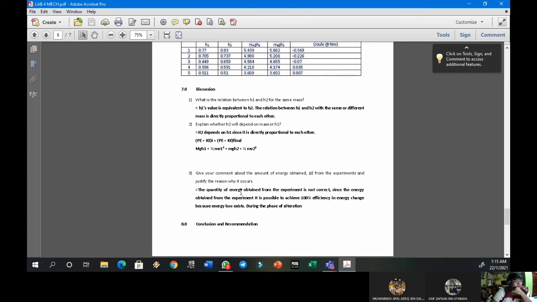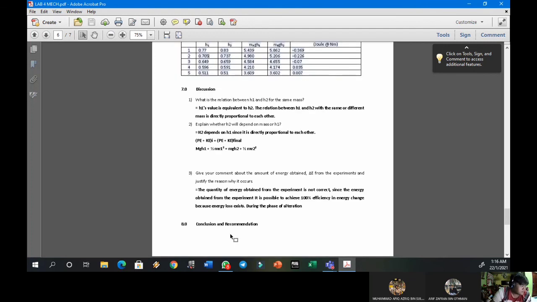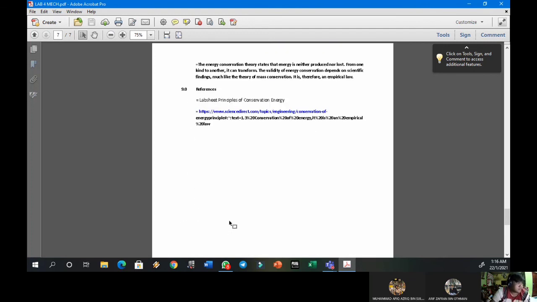The quantity of energy obtained from the experiment is not correct. Since the energy obtained from the experiment, it is not possible to achieve 100% efficiency in energy change because energy loss does exist during the phase of acceleration. Conclusion and recommendation.